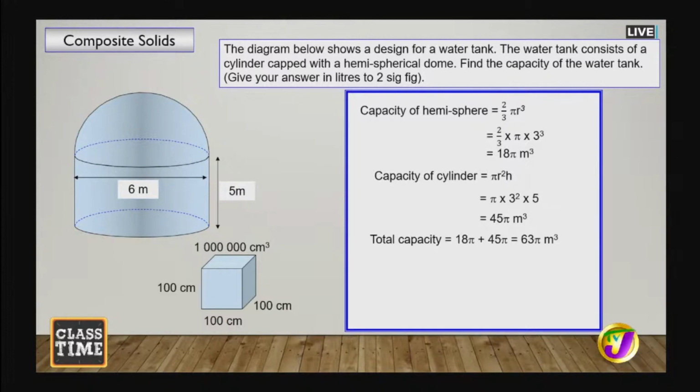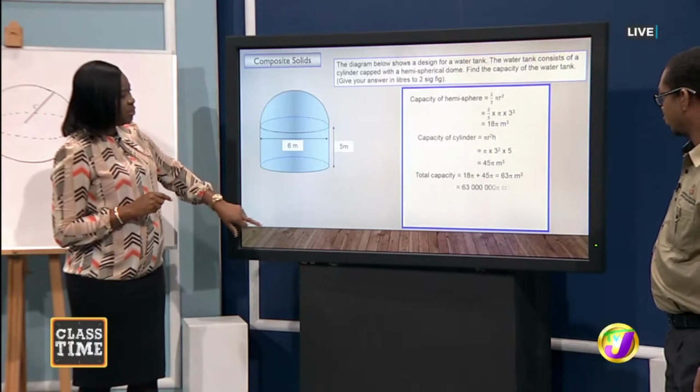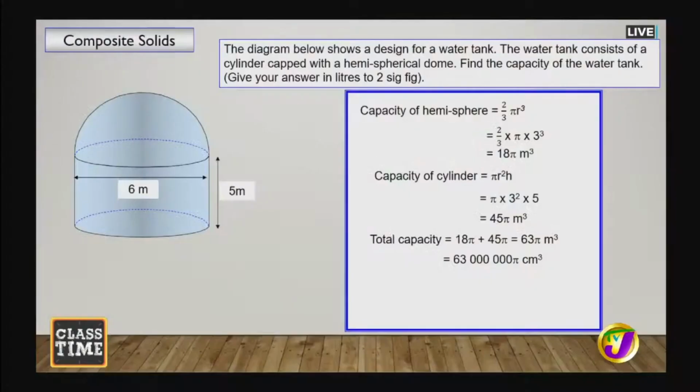And when we do the multiplication, we get 1,000,000 cubic centimeters to be the equivalent to 1 cubic meter. So bearing that in mind, we'll convert that 63 pi cubic meters to centimeters by multiplying by that 1,000,000 being our new conversion rate from cubic meters to cubic centimeters.